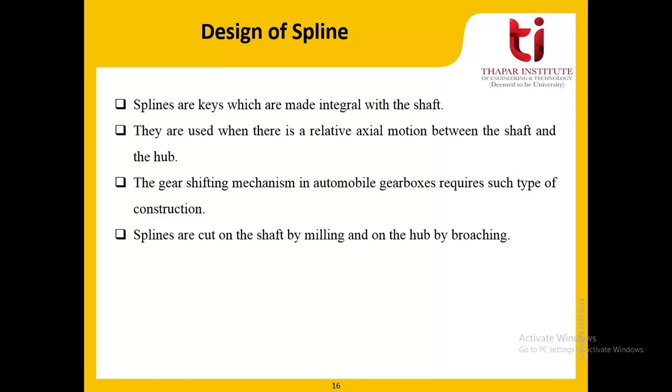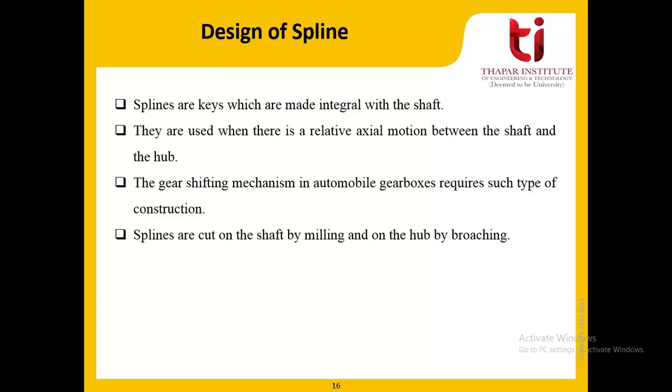But splines are made integral on the shaft, and a keyway or a hole is created on the hub, so that they are engaged between shaft and hub, the axial movement is zero and the torque transmission takes place.